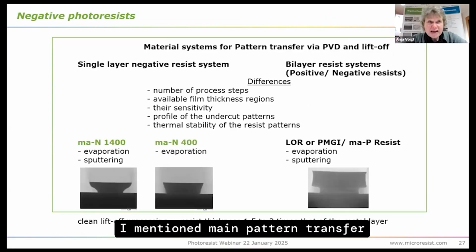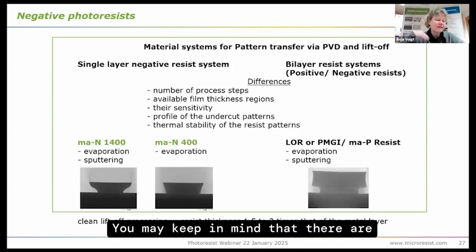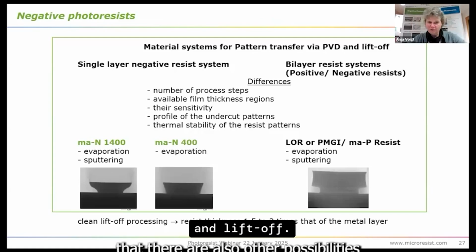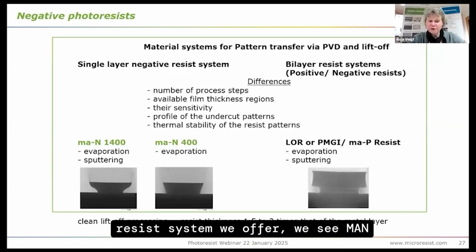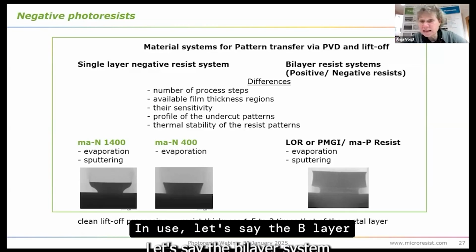I mentioned main pattern transfer is via physical vapor deposition and lift off. You may keep in mind that there are also other possibilities for PVD and lift off. Beside the single layer negative resist system we offer with the MAN 1400 and MAN 400, there's also a bilayer system in use, let's say.